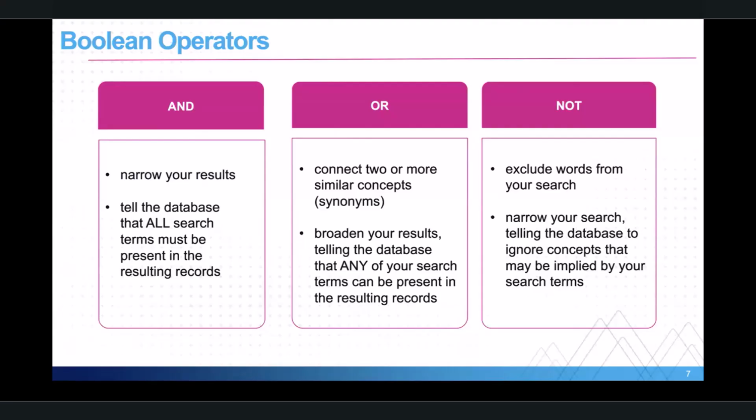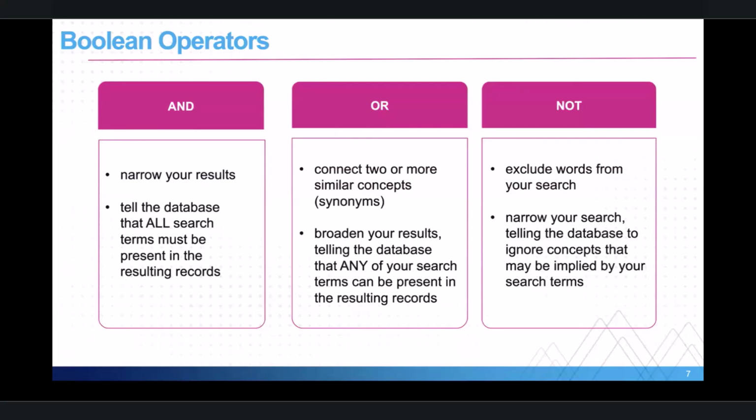When you are using not, in my own practice of searching for literature, I will say that this last Boolean operator is not something I use very often unless I am very sure that I do not want something included. Let's say a research team comes to me and they're doing research on a very specific population, and that population is adults, and they don't need literature on children or adolescents.